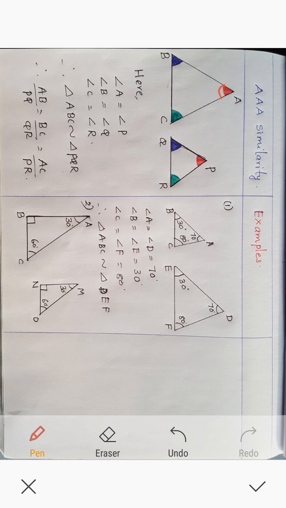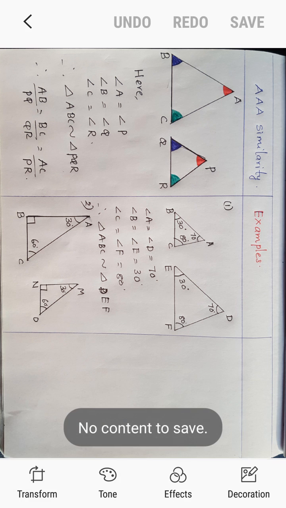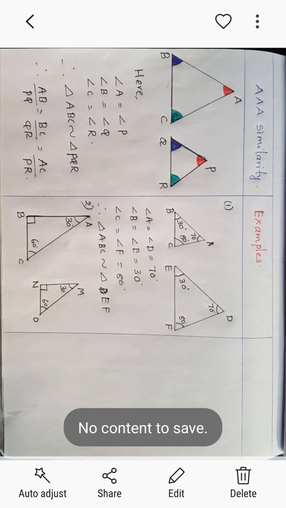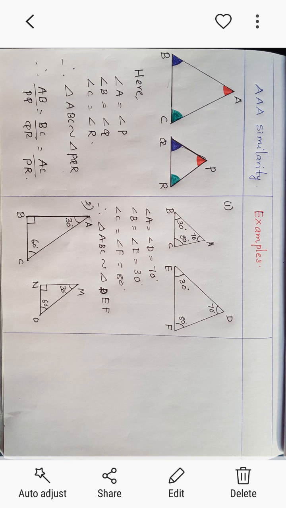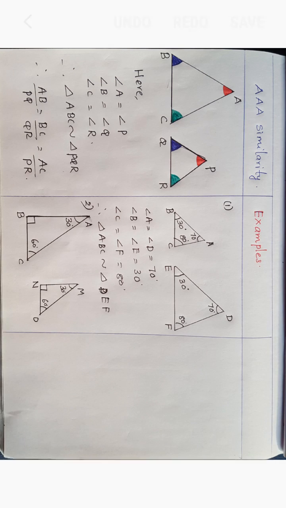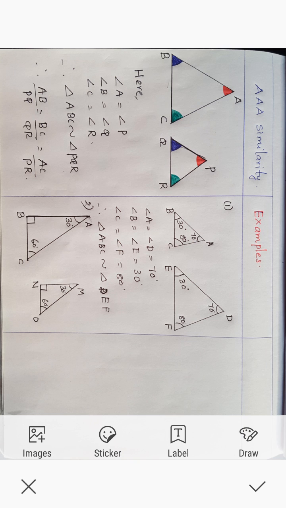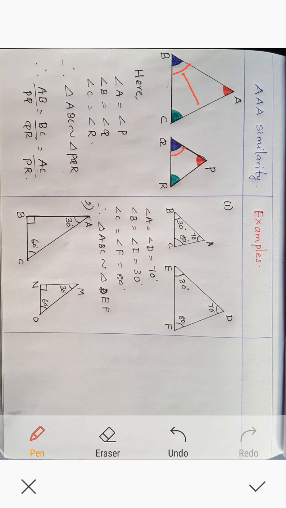red colored angle A equal to P. The opposite side of angle A is BC. BC by the opposite side of angle P, which is QR. Then this blue colored angle B equal to angle Q. Opposite side of angle B is AC.